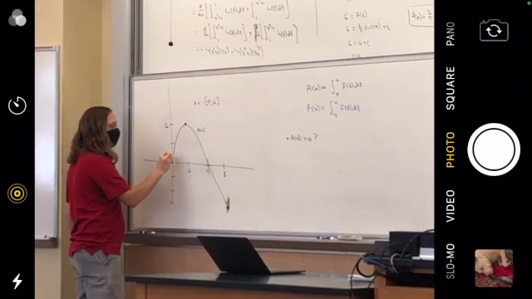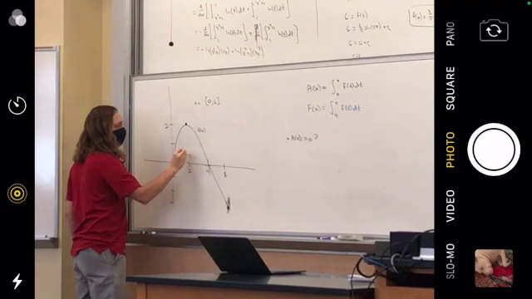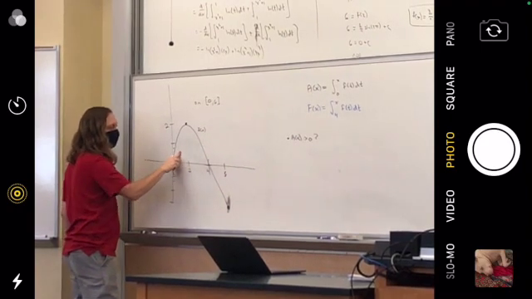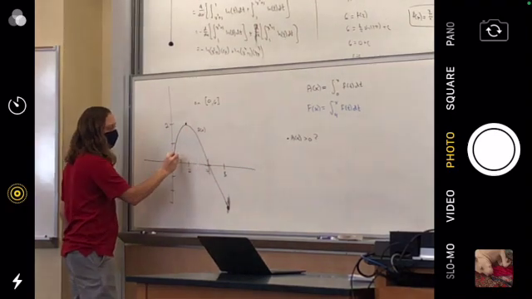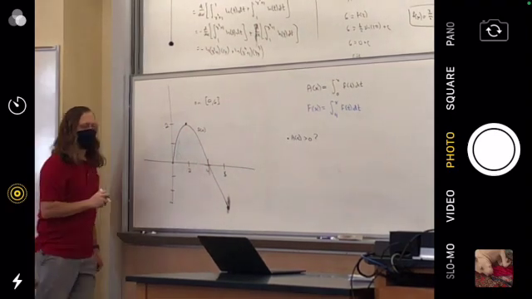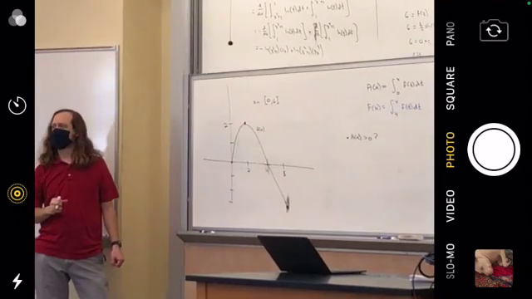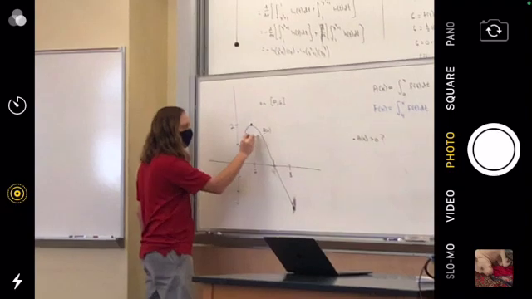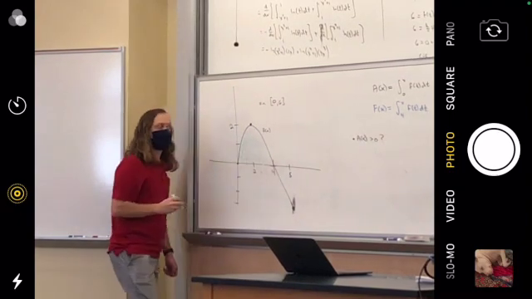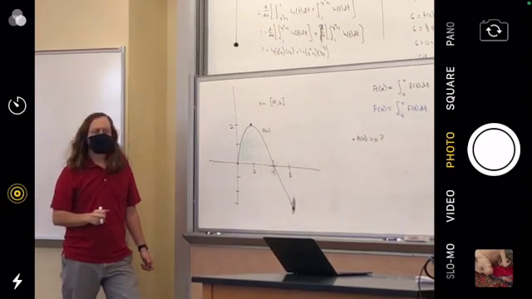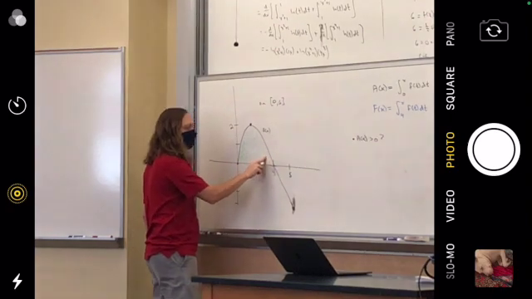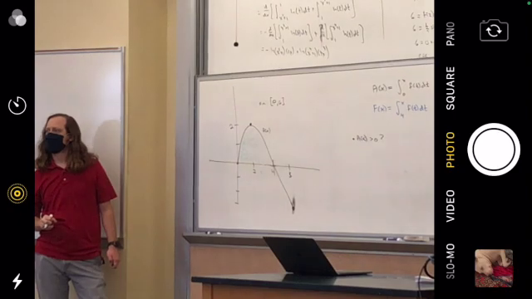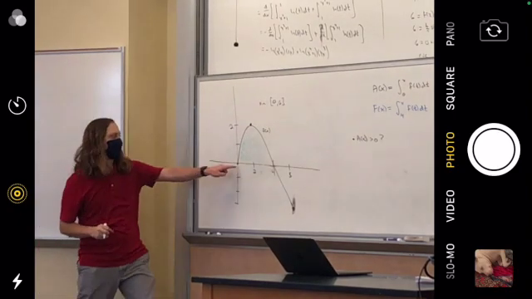A of x is the integral from 0 to x, right? So, say I pick x here. A of x would be this area. If I pick x here, A of x is that whole area. Is that positive or negative? So that's the definite integral from 0 to x.